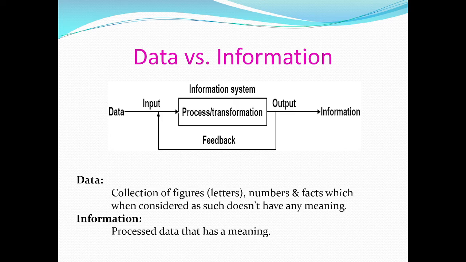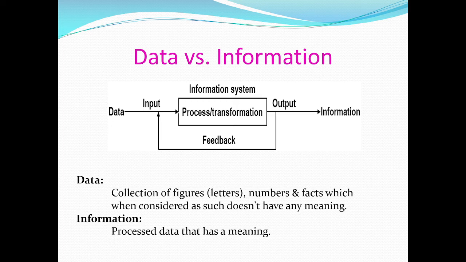As we explained earlier with an example, a data is a collection of figures, facts, and numbers which, when considered as such, doesn't have any meaning. So there are two definitions of data: a meaningless collection, and a collection of figures, facts, and numbers. Coming to the second term, information can be defined in two ways.